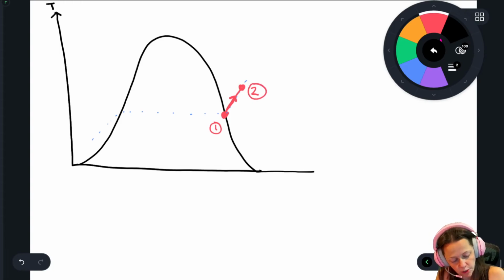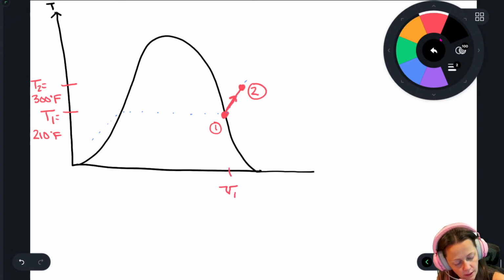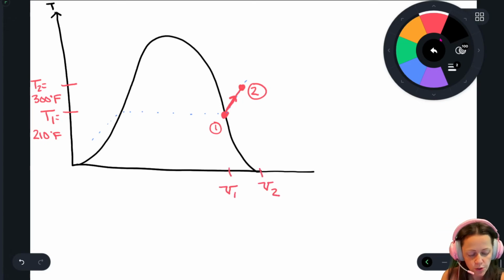So there's state two. Here's my T1. T1 was given to me, and it's written elsewhere, but it's 210 degrees Fahrenheit. T2 is 300 degrees Fahrenheit. V1 and V2 are written elsewhere.